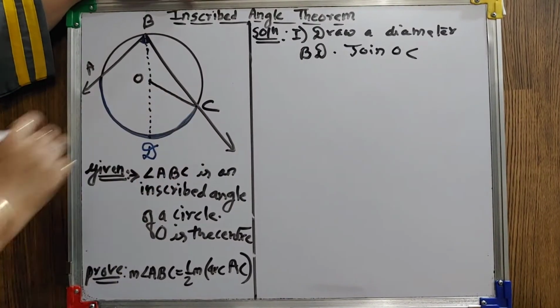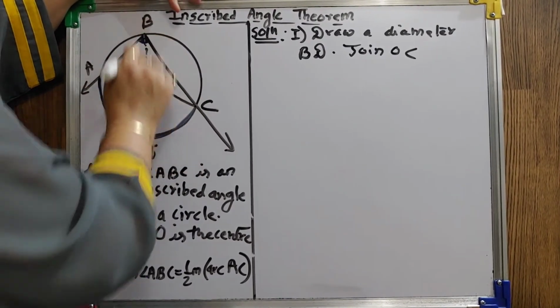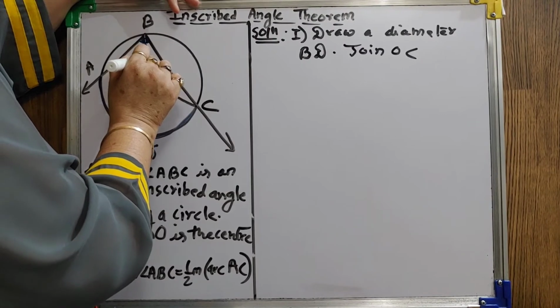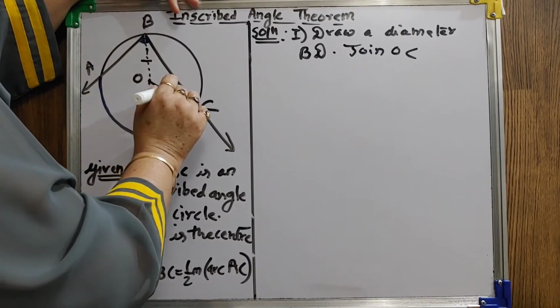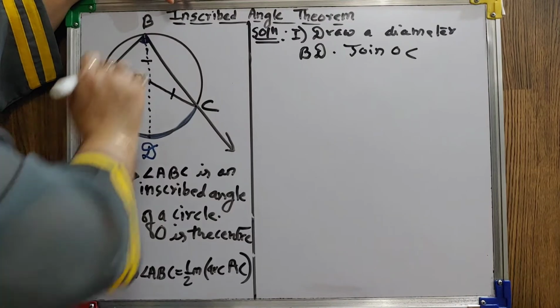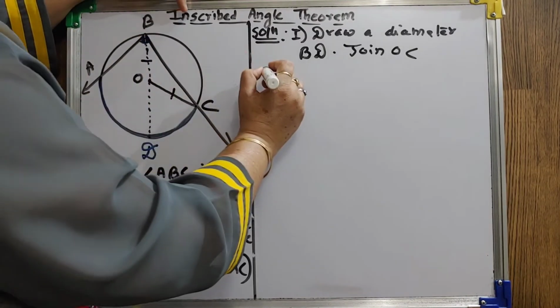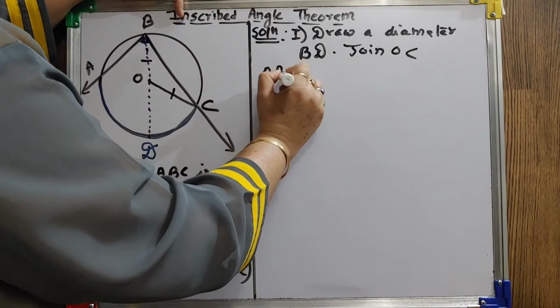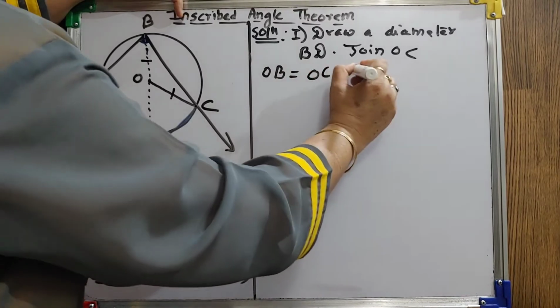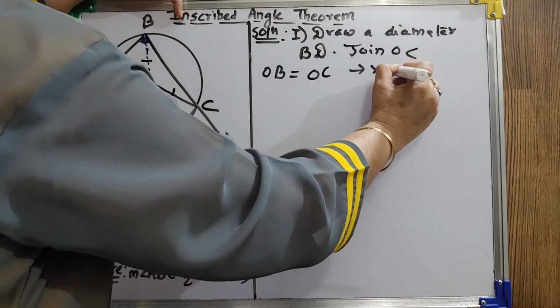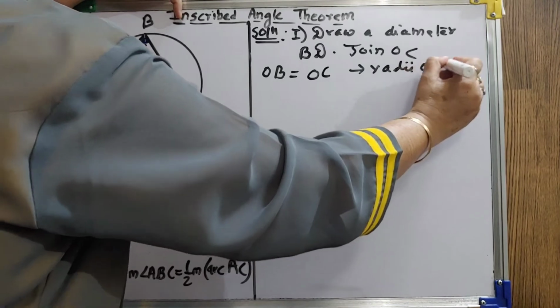Now, when you concentrate on this triangle OBC, OB is the radius of the circle, OC is also a radius. So both the radii are the same. So OB is equal to OC, radii of the same circle.